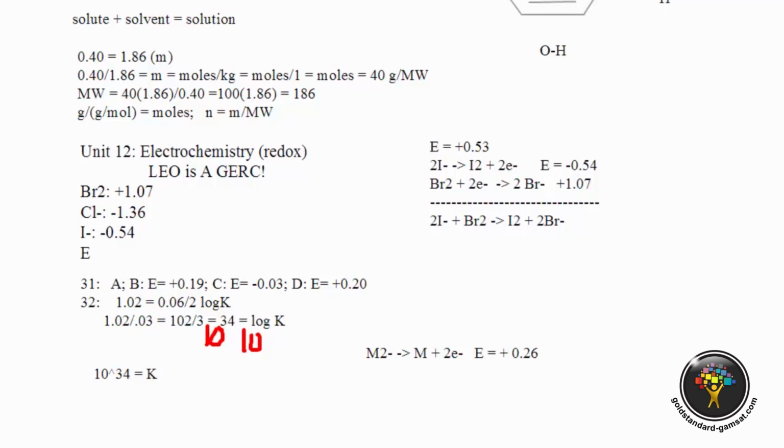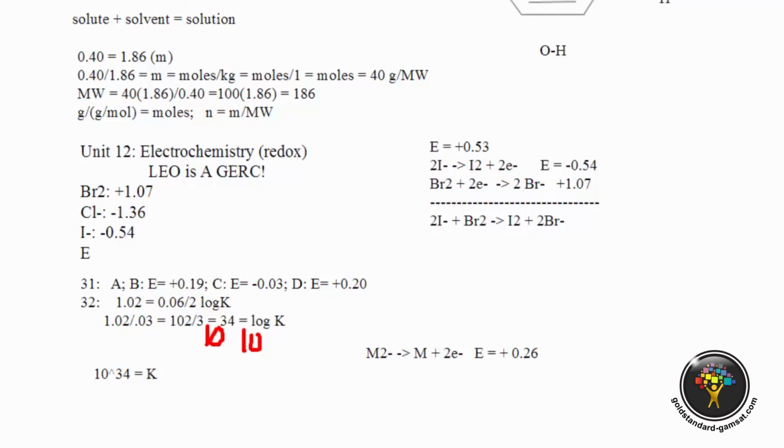Because when it's with a cell that has a potential of 0, then M has to be positive, so that M can lose electrons to the standard 0 cell. Now, if they had said the opposite, that M gains electrons from the standard cell, then the E0 value would have to be the opposite. And so yes, M is oxidized when it is in a cell with the standard hydrogen cell.